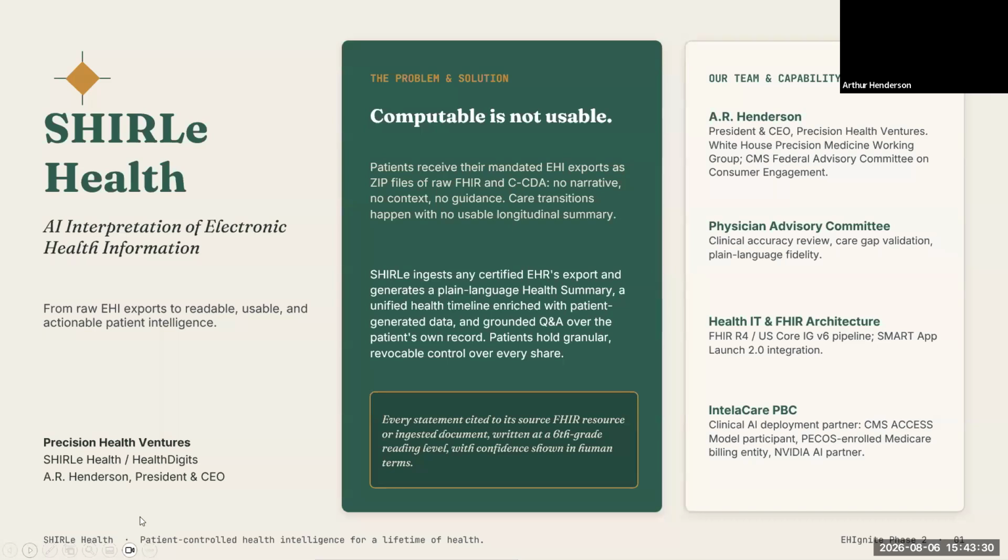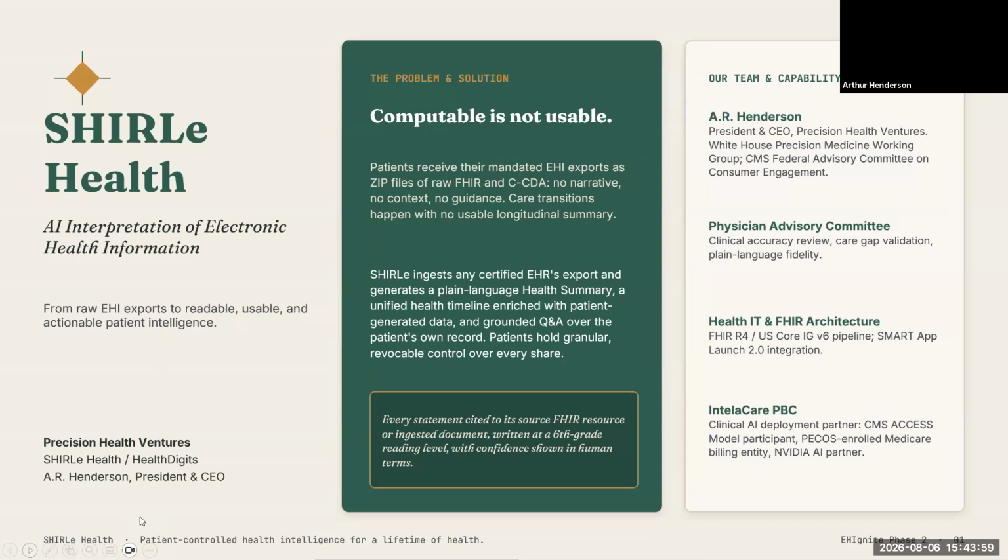It's all built around a core unified health timeline, leveraging plain language Q&A over the patient's own record, and patient-controlled external sharing that could be invoked at any time. Our team is pretty experienced at this. We've been doing solutions in the DoD, DoW space for a number of years on the healthcare side. We've had solutions deployed to the VA, solutions deployed to commercial payers.